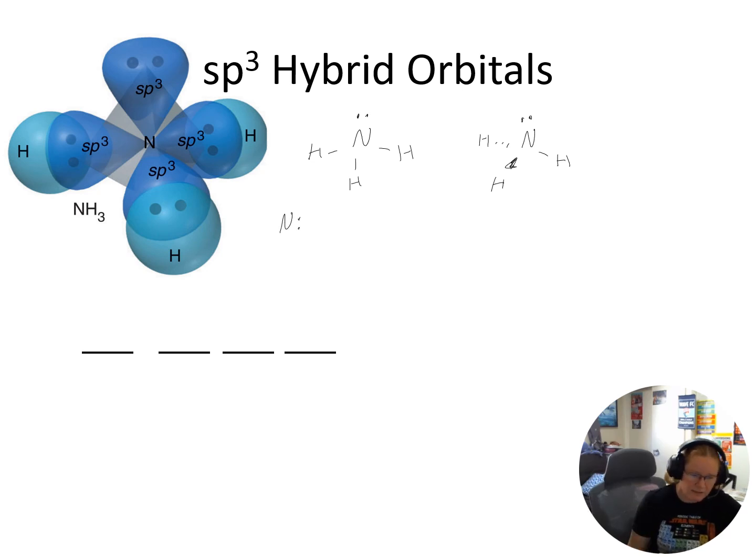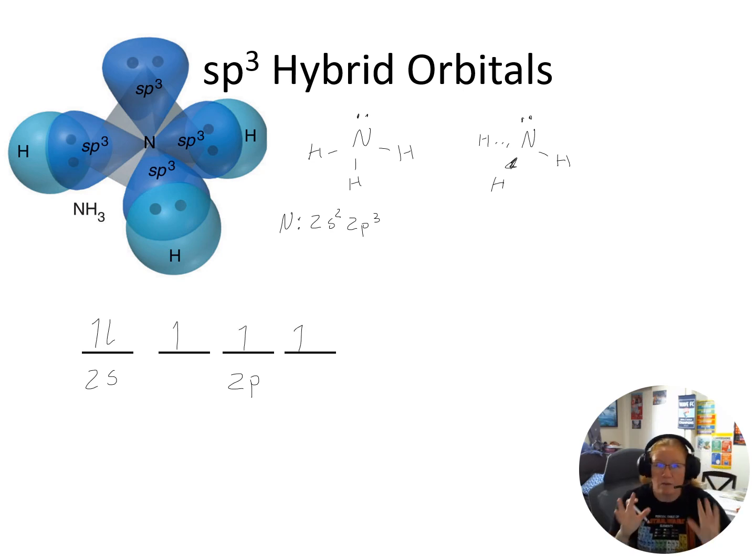Nitrogen, valence electrons, we have a 2s2 and a 2p3. So I have 2s and I have 2p. So 1, 2, 1, 2, 3. Okay, so this is still sp3. And as you can see, we're going to stick those lone pairs in one of the hybrid orbitals.